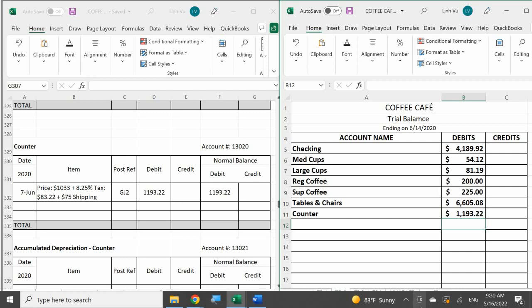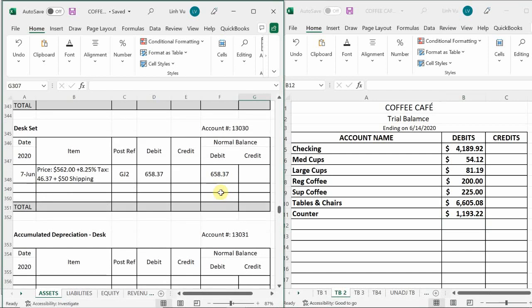What you're going to do is make a copy of the sheet and just keep inserting anything that you added new, because all of these numbers that you see here, especially for your fixed assets, they're all going to be the same. So that's another shortcut that I'm going to show you next time around on your trial balance. But for now, let's just go ahead and continue on with our list. So in this case, $1,193.22 for the counter.